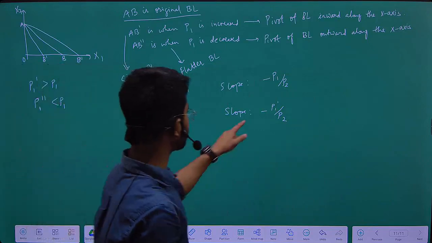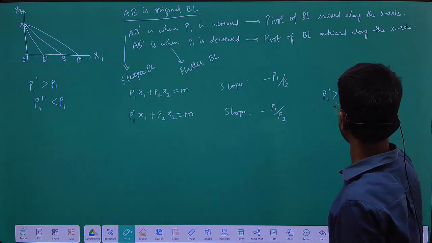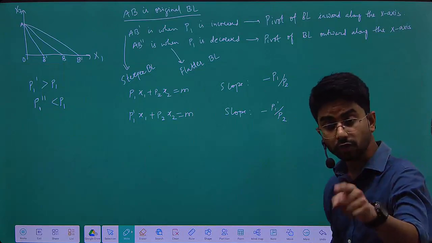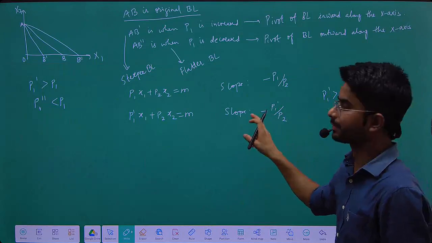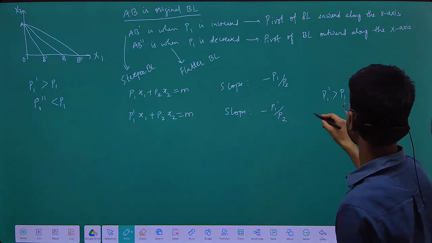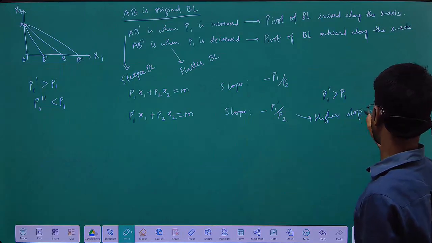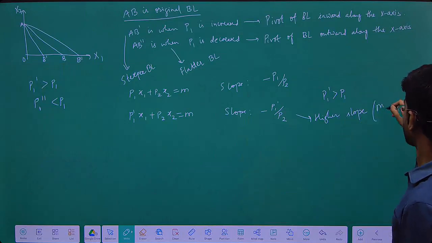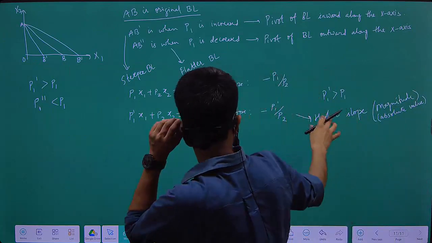So when P1 dash is greater than P1, in absolute terms, the slope has a higher value in the second budget line. So you have a higher slope. We are talking about the magnitude of the slope. Magnitude means absolute value.